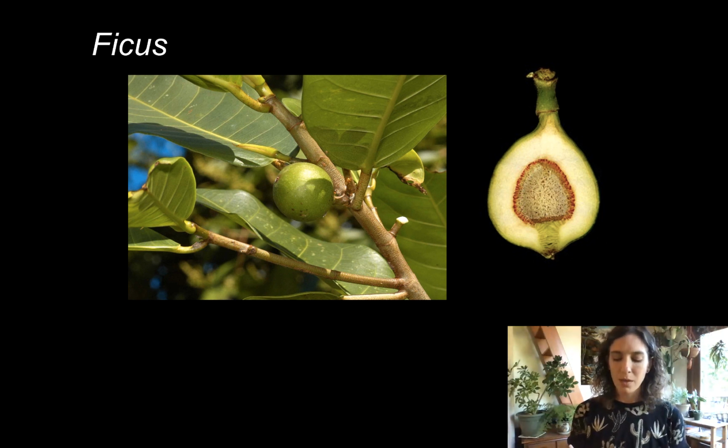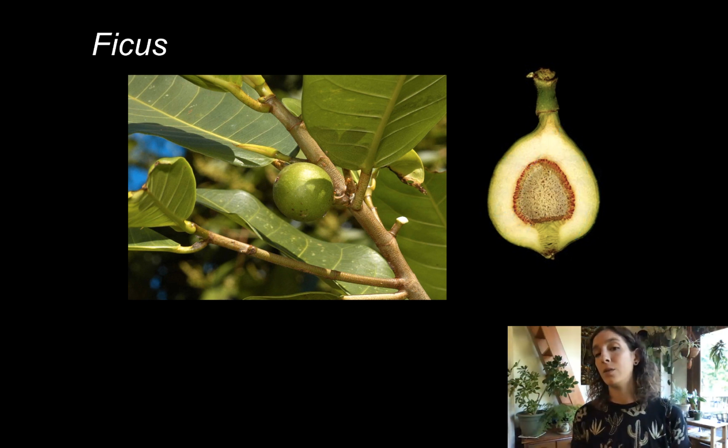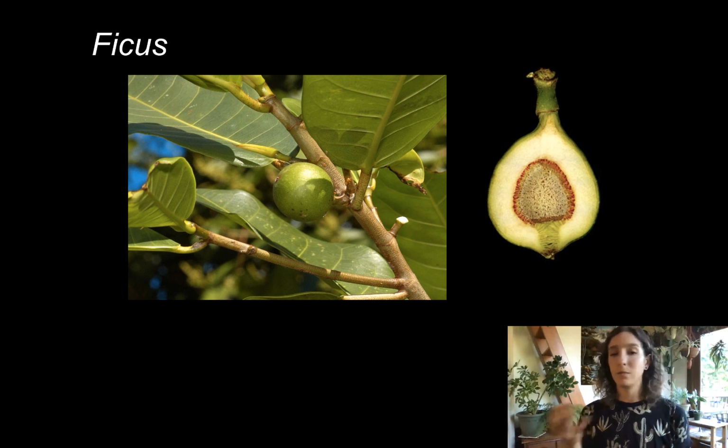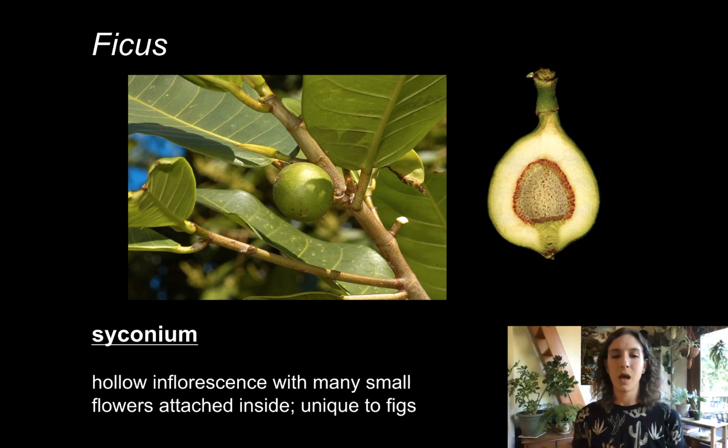Okay, so the outside here of this whole structure is what becomes fleshy and swollen and attractive to a seed disperser. In other words, a fig is technically an accessory fruit. And this structure is unique to the figs, it's called a syconium. This is a hollow inflorescence with many small flowers attached on the inside, kind of like I just described. Cool.